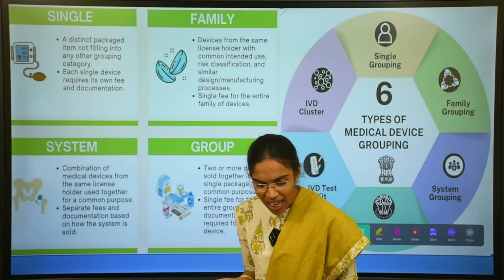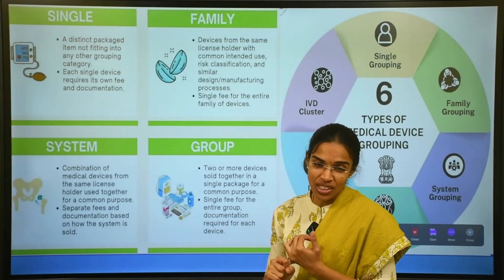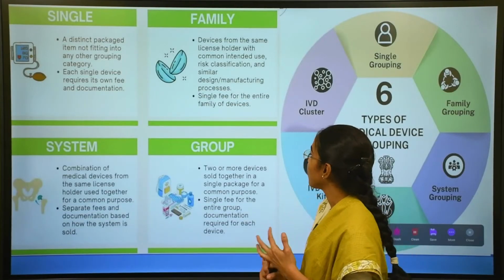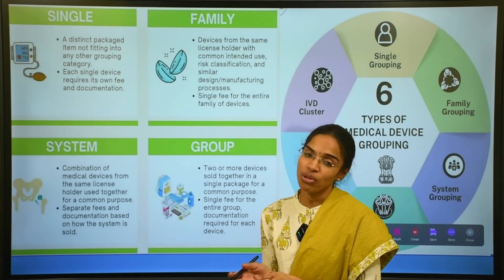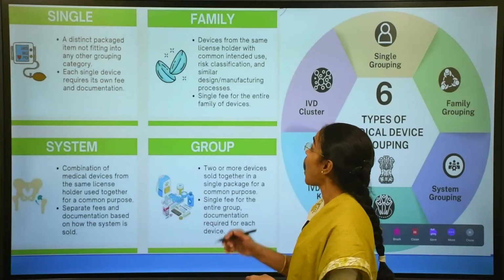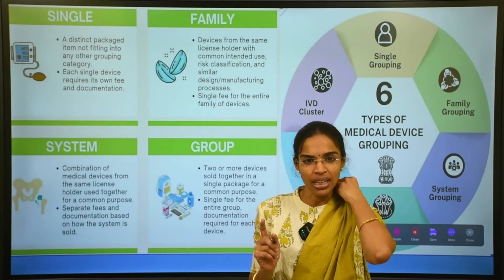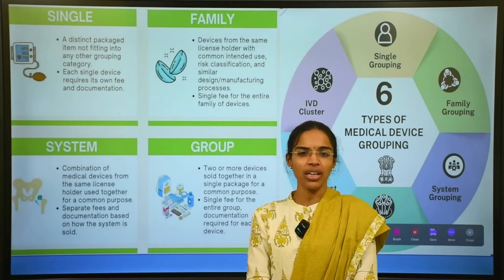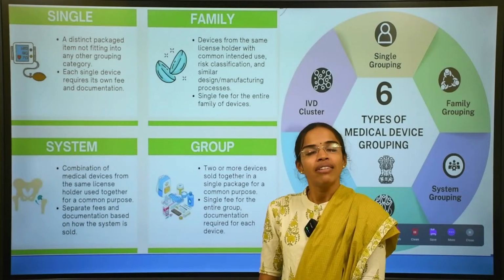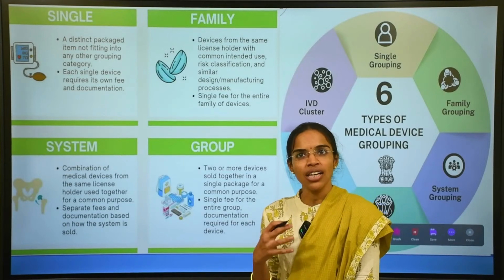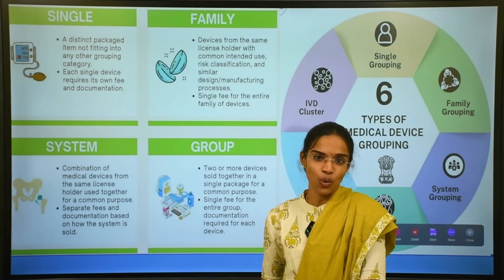They all fall under a common risk classification, but are from the same license holder, so they come under a family. A medical device can be grouped under a family when it is manufactured, sold or imported by the same license holder.